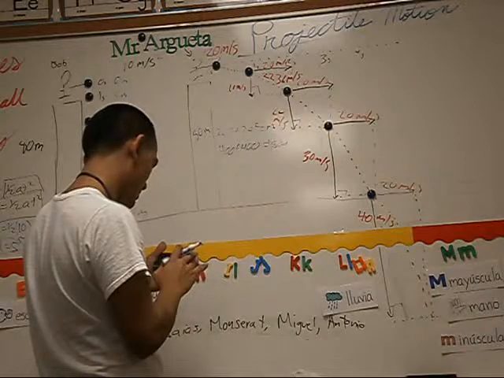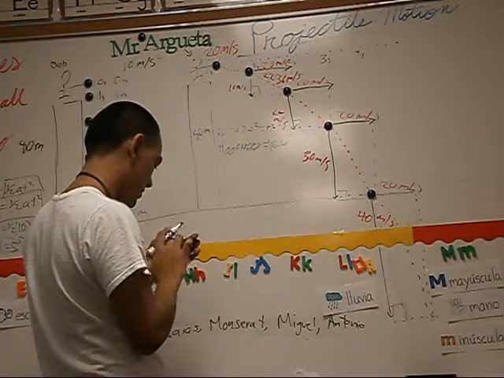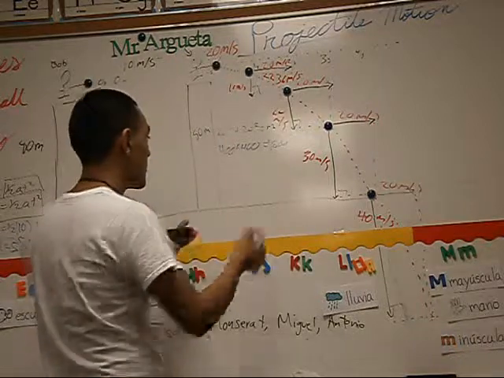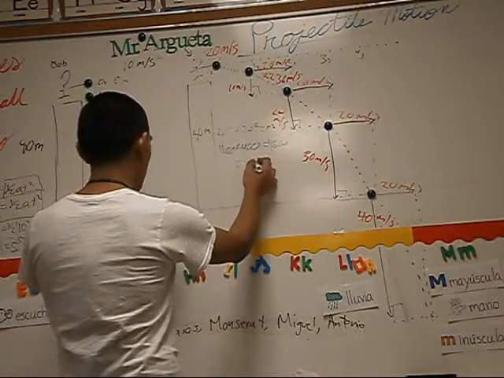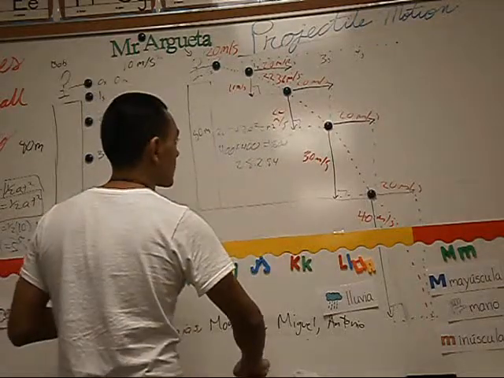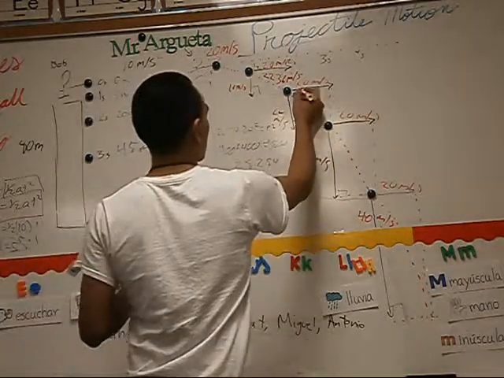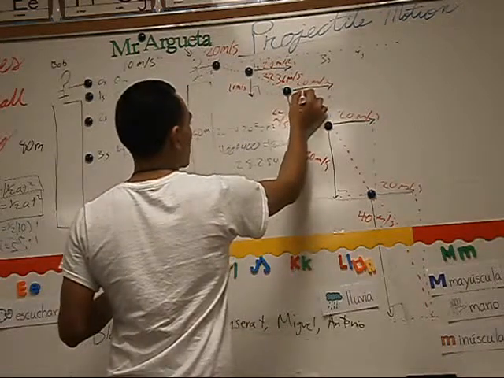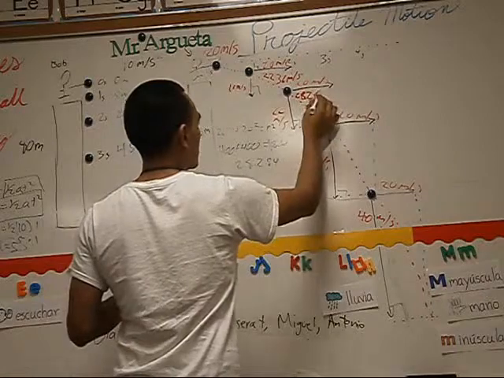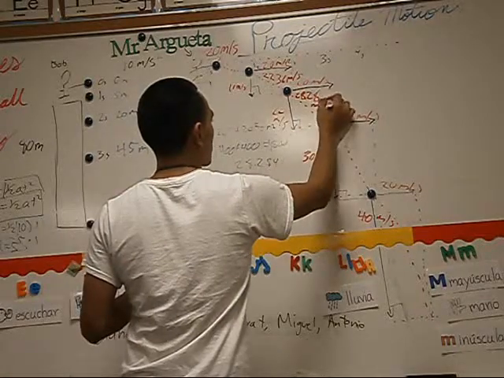Again, I am going to use my calculator. The square root of 800 is going to give us 28.284. So our resultant is 28.28 meters per second.